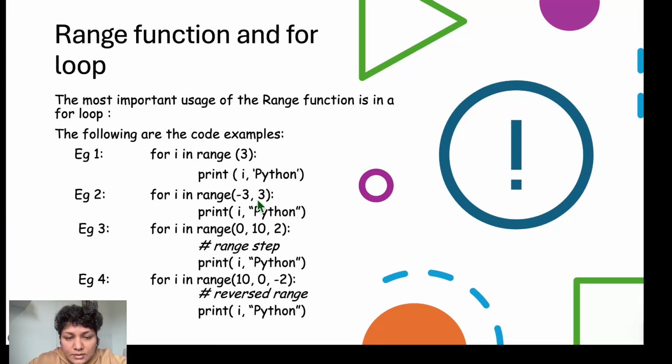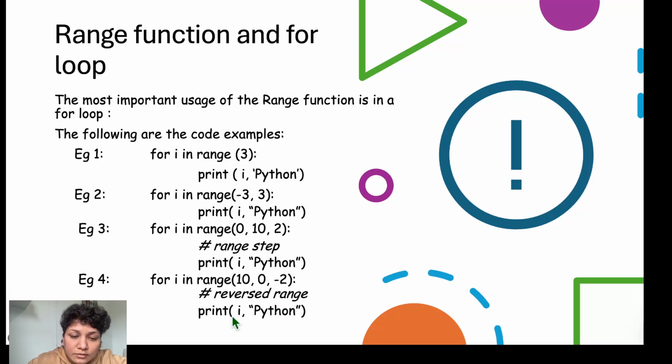Then the second one, where we are adding steps now: for i in range(-3, 3), print(i, "Python"). Do figure it out on your own: how many times the loop will run, and what will be the output. Then for i in range(0, 10, 2), the same, we have added a step over here. Then for i in range(10, 0, -2), where we have added a reverse step.